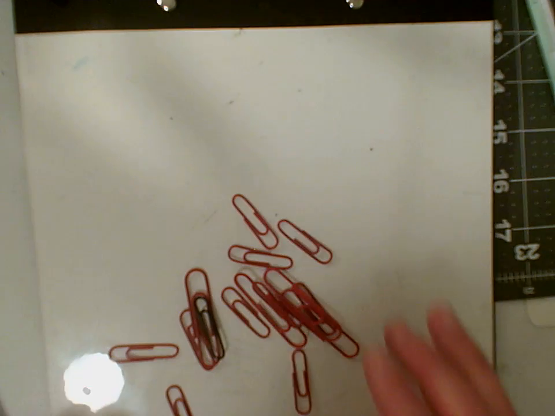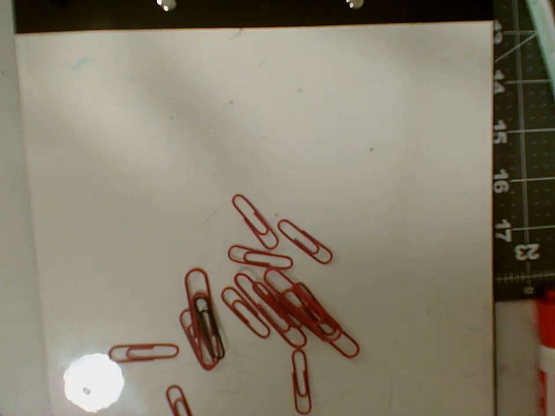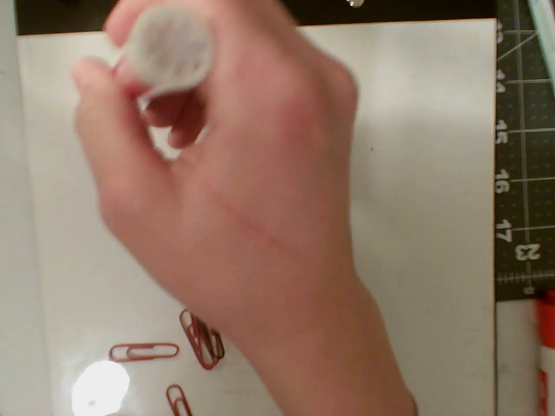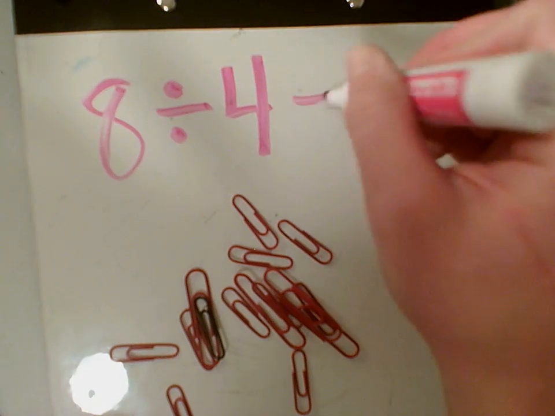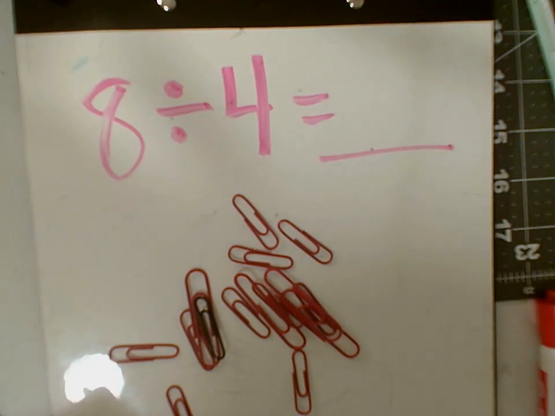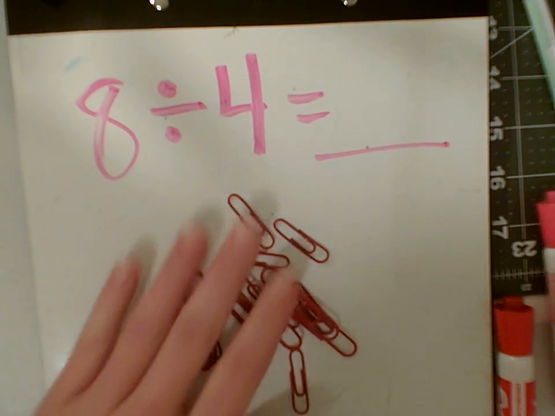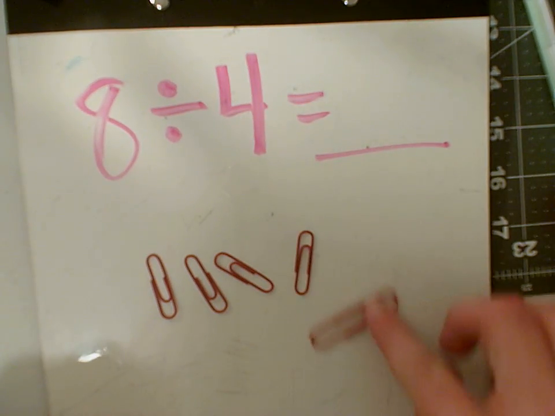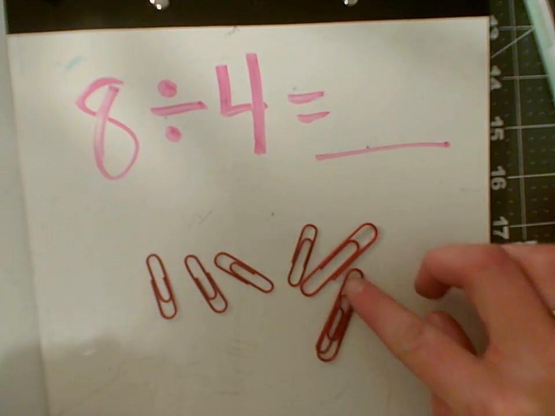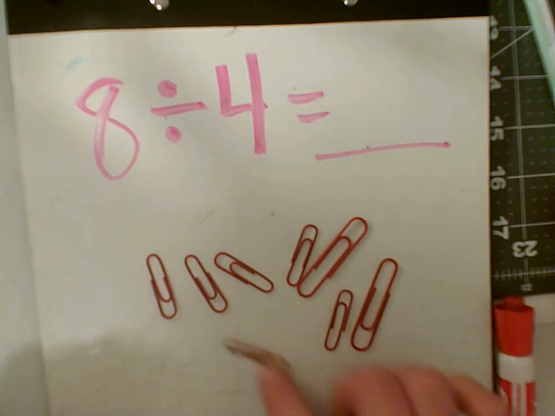Okay, so let's practice doing some problems. Let's say we have the problem 8 divided by 4. Let's see what that equals. So let's get 8 objects. 1, 2, 3, 4, 5, 6, 7, 8.